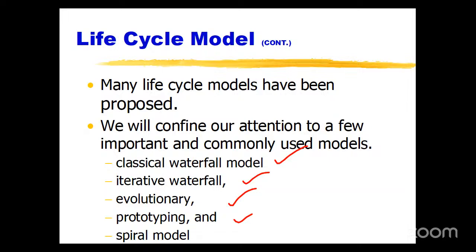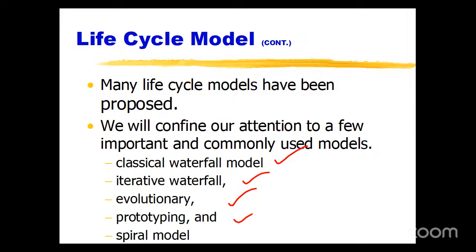Then we have seen the basic concept of the software life cycle, where a software product has how many stages? Six stages, starting from feasibility study to maintenance. That is feasibility study, requirement specification and analysis, design, coding, testing, and maintenance. You have all those stages.